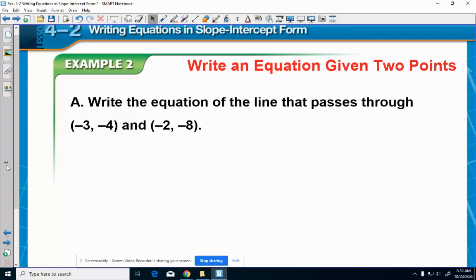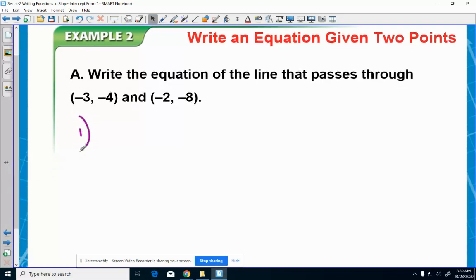Okay. So number 1 on my list is I got to use y2 minus y1 over x2 minus x1 to find my slope. So give it a second, see if you can figure out what your slope is, and then where will you go from there?